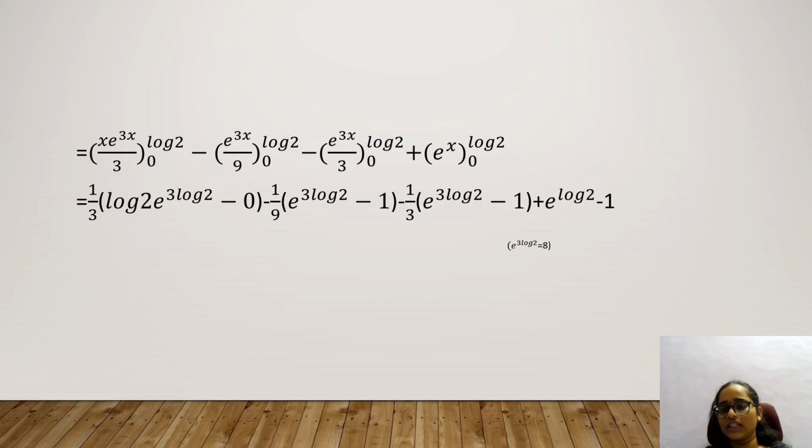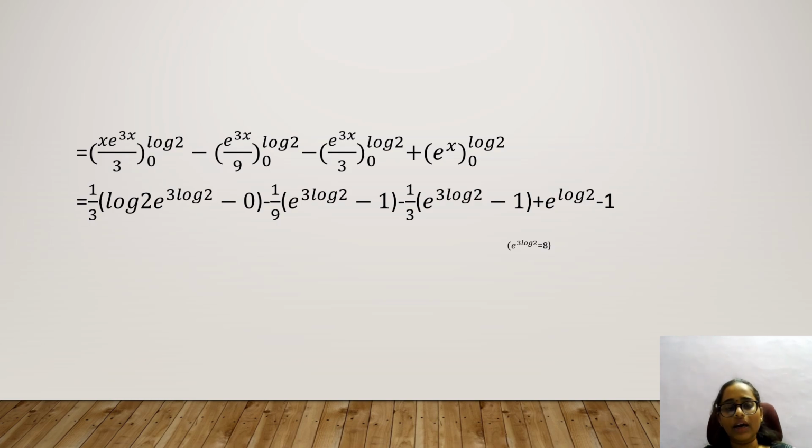And after the z and y integrals, we have to do the integral of x, which is the remaining last one, and x e to the power 3x becomes x e to the power 3x by 3, and e to the power 3x becomes e to the power 3x by 3, and e to the power 2x becomes e to the power 2x by 2, and e to the power x remains e to the power x.